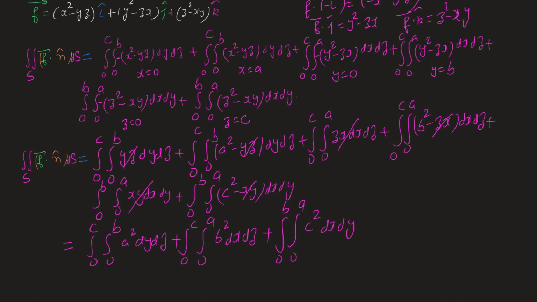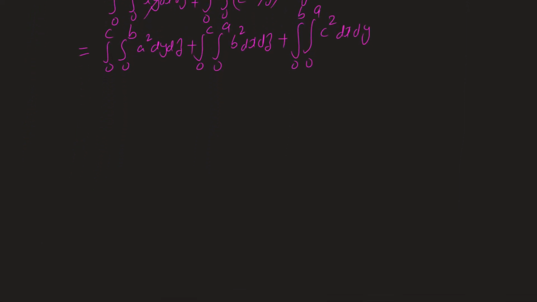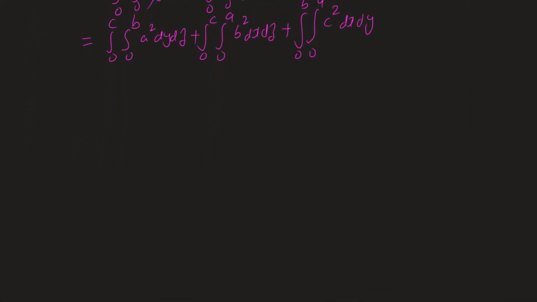Now we need to integrate it. So this will be integral 0 to c, a square times y from 0 to b, dz, plus integral 0 to c, b square times x from 0 to a, dz, plus integral 0 to b, c square times x from 0 to a, dy.